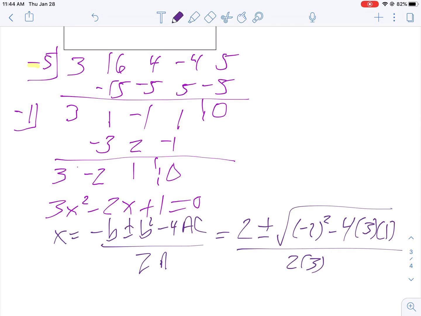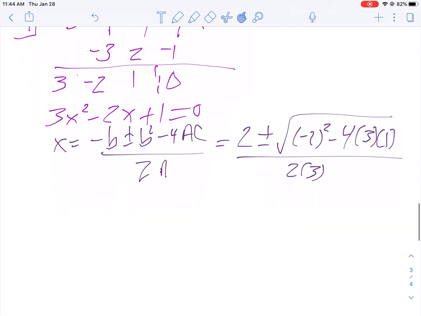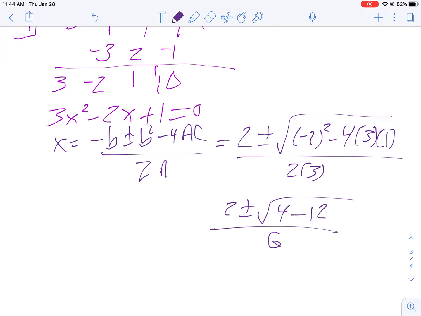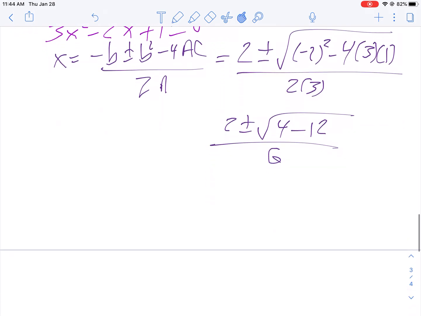Now we're going to simplify that. So I get 2 plus or minus the square root of 4 minus 12 all over 6. Then I'll simplify that a little bit further: 2 plus or minus the square root of negative 8 all over 6.